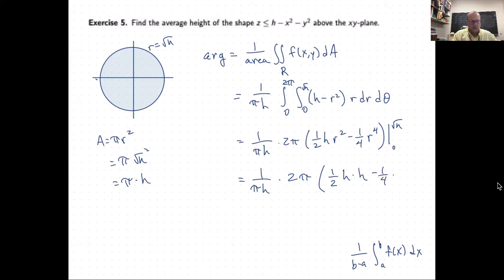And when you put the square root of h to the 4th power, you'll end up with an h squared. So now, if I continue to put that off a little bit, I end up with a 1/4 h squared here. And so I can come along and cancel my pi's, cancel one of my h's, and cancel a little bit there. And we end up with a final answer of just h over 2, which is pretty neat.